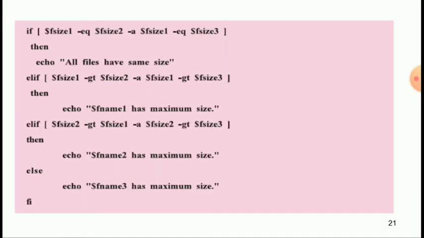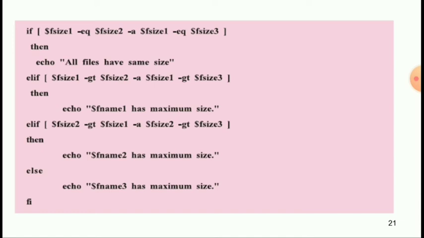If $fsize1 -eq, that means equal to, $fsize2 -a $fsize1 -eq $fsize3. So if all three files are equal in size, the message is displayed: echo all files have same size.